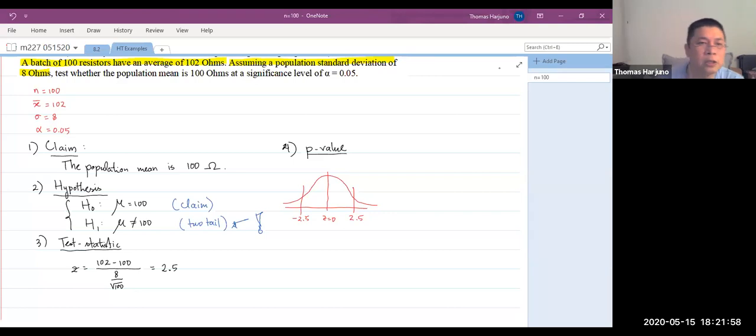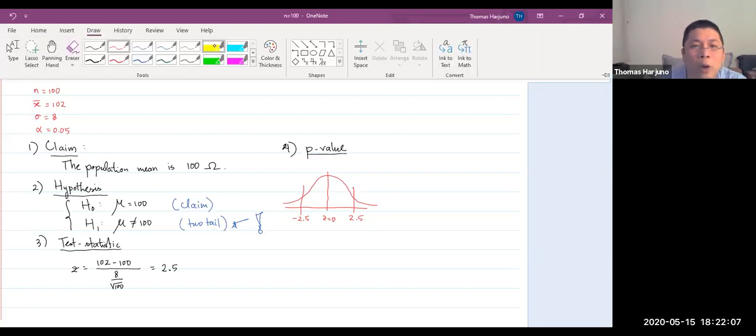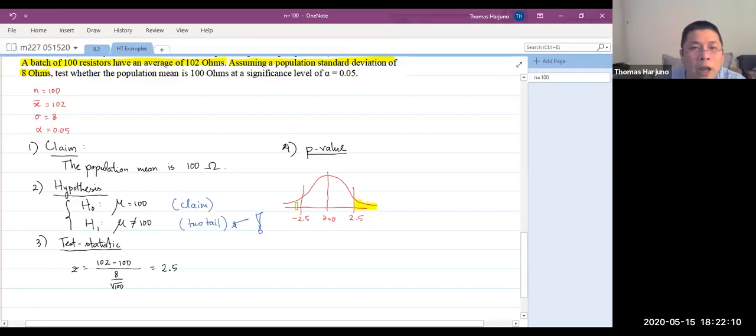Okay, let's start. This is what I get in the first 3 steps. Again, it's a two-tailed test, so I need to find the area here and the area there, which is the same. Instead I will find the area of one tail and multiply it by 2. So the p-value will be 2 times normal CDF of 2.5, with lower bound 2.5 and upper bound E99, mean 0, standard deviation 1.